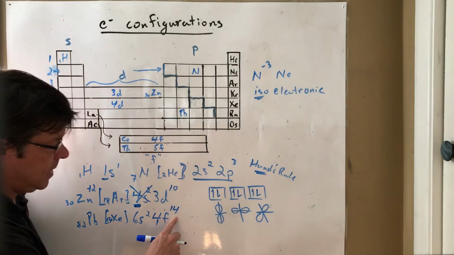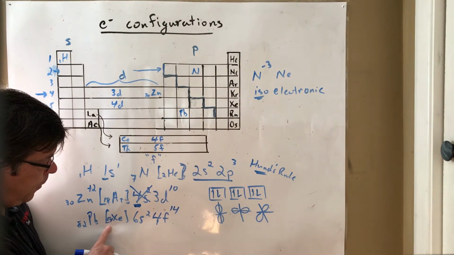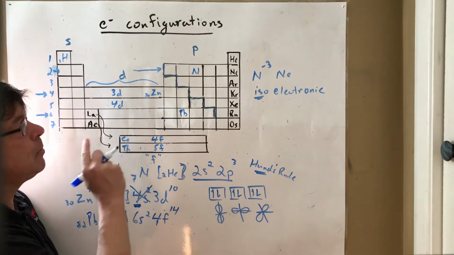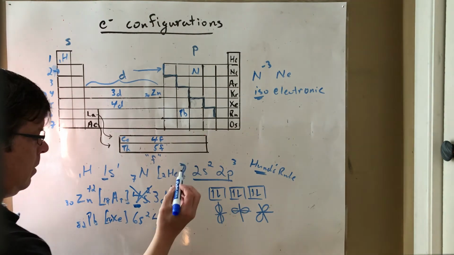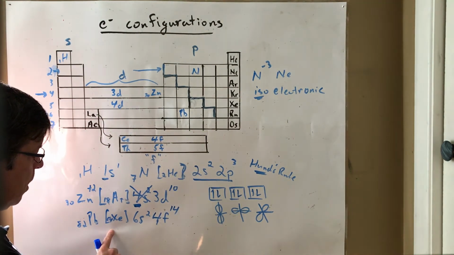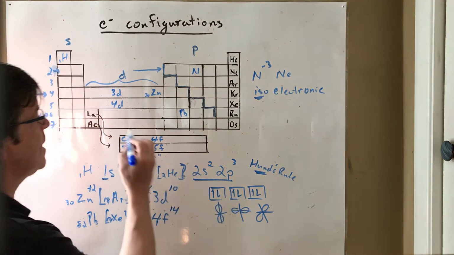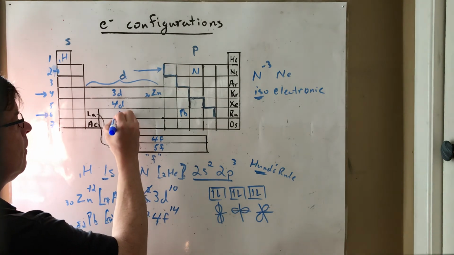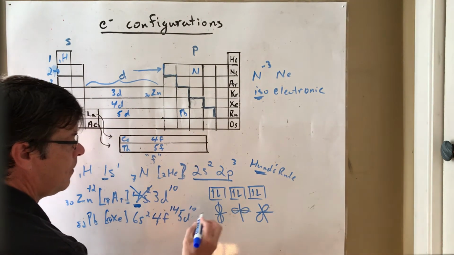Let's count these up. How many electrons do we have so far? 16 plus 54. We have 80. So we still need 2 more to get to 82. So now we're right here. No, we're not. 16 plus 54 is only 70. So we're still short, and that's because we didn't include these electrons. So what's next is the 5d10.